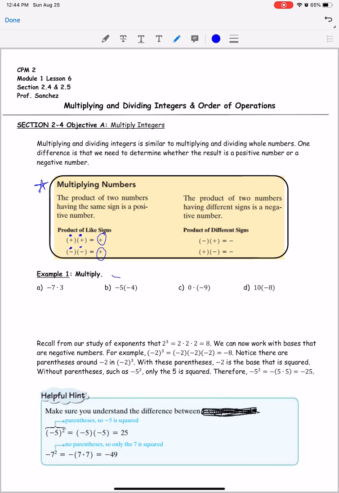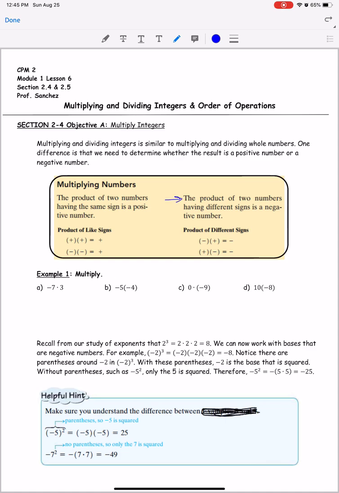That's different than when you're adding or subtracting. Let's say you have 2 plus 3. That is 5. But if I have negative 2 plus a negative 3, that's going to be negative 5. So when you're adding two negative numbers, your answer is negative. But when I am multiplying two negative numbers, it is always going to be positive.